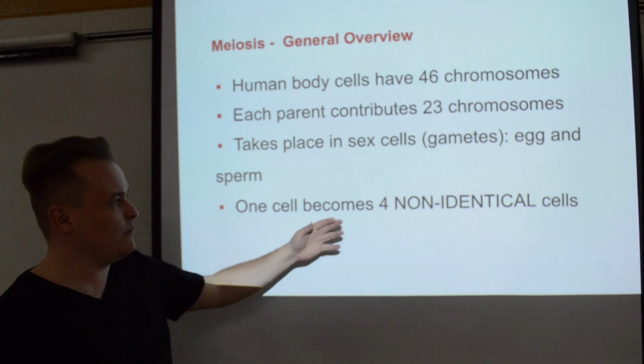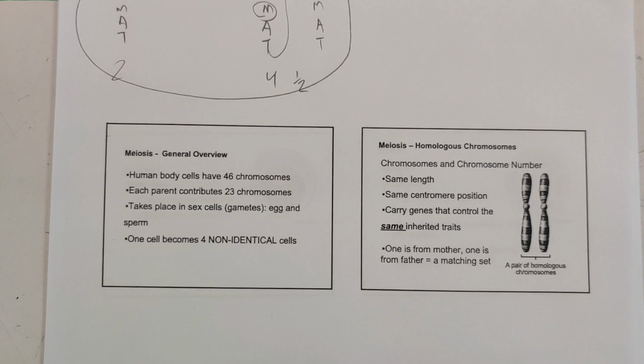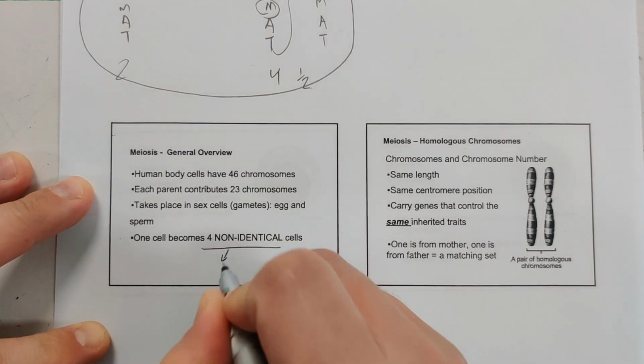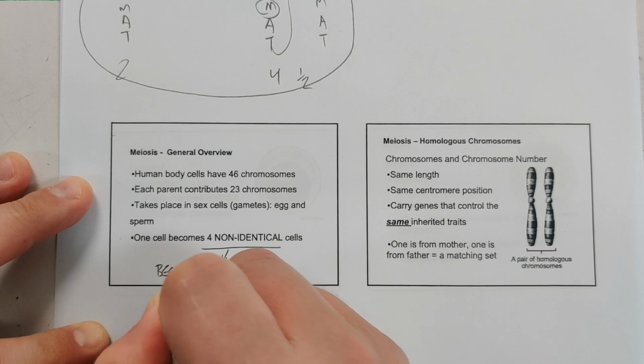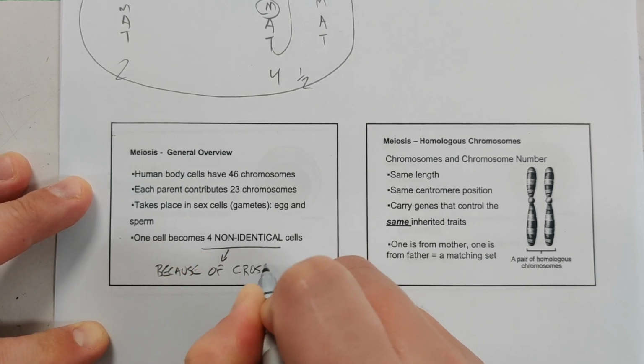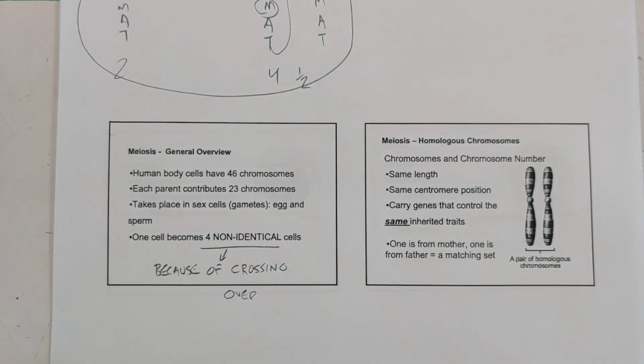One cell will become 4 non-identical cells. So what you need to write down here is please just put that, and I'd put an arrow and I'd say because of crossing over. That's important.